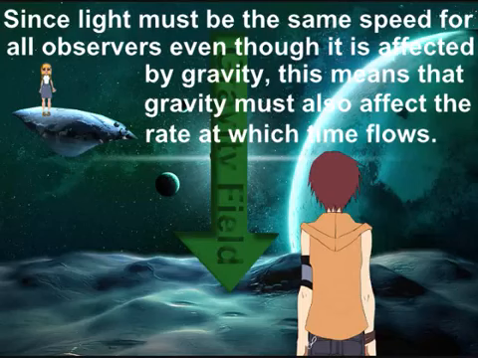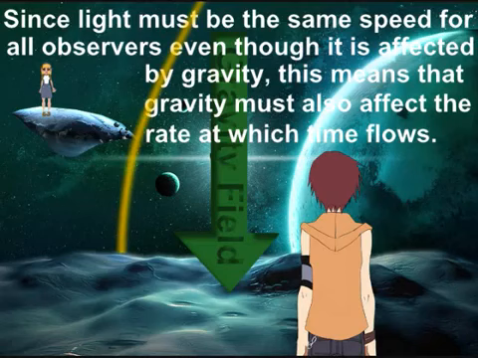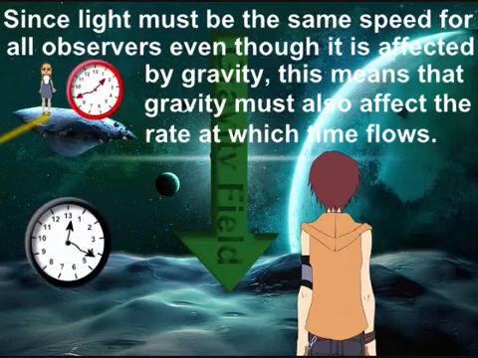Since light must be the same speed for all observers even though it is affected by gravity, this means that gravity must also affect the rate at which time flows.